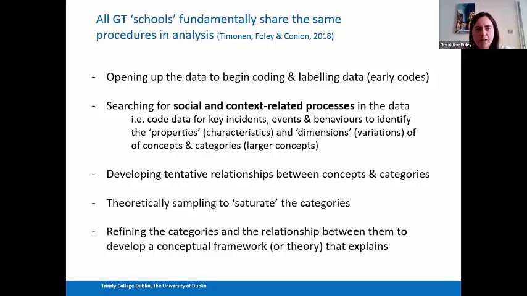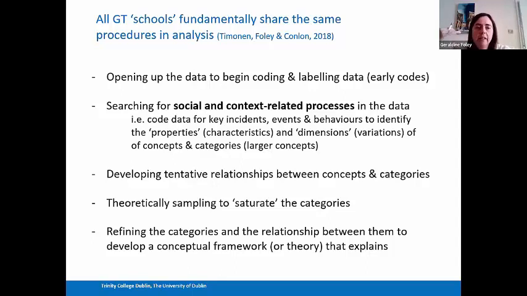I won't go into such detail here because, again, this is probably for those who are already very familiar with GT, but there are just key elements, key steps in the data collection process around coding and labeling of data, which do differ a bit to general coding procedures in other qualitative methods. And for those who are doing PhDs at the moment using GT, you're probably grappling with this, and this is a steep learning curve in that phase of using GT in a study.